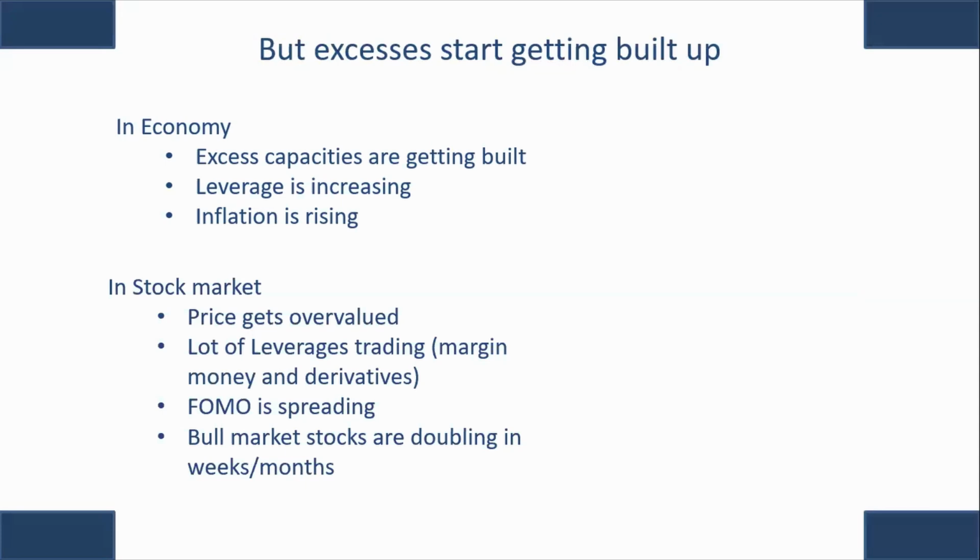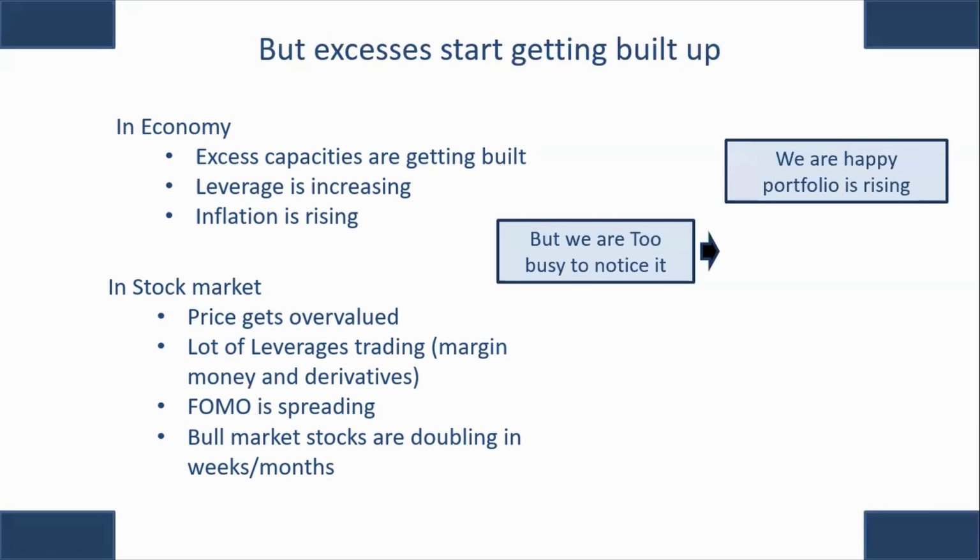So these excesses are getting built up, but we are too busy to notice it. We means individual retail investors. Why? Because we are happy that our portfolio is rising, our profit is increasing, and we are confident that everything is fine because there is bullish news everywhere.